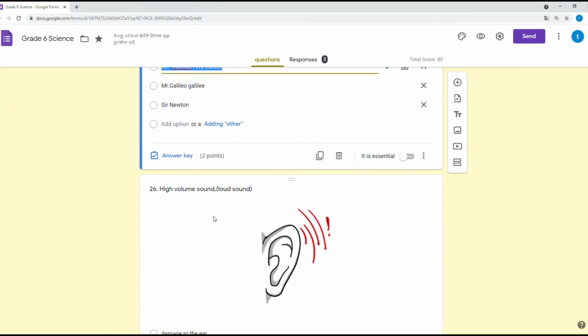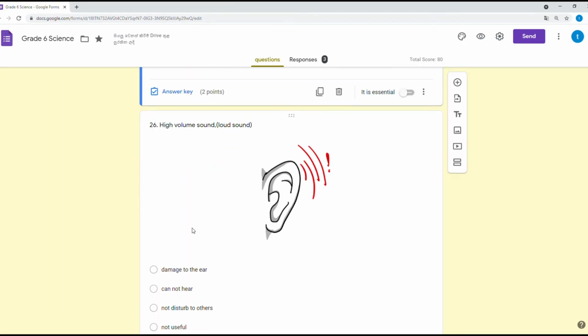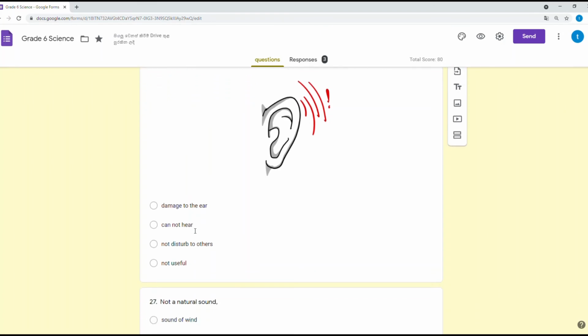Number 26. If a loud sound or high volume sound is coming, what will happen? Damage to your ears really happens. Because our ear has a range from 20 Hertz to 20,000 Hertz, that is our limit.